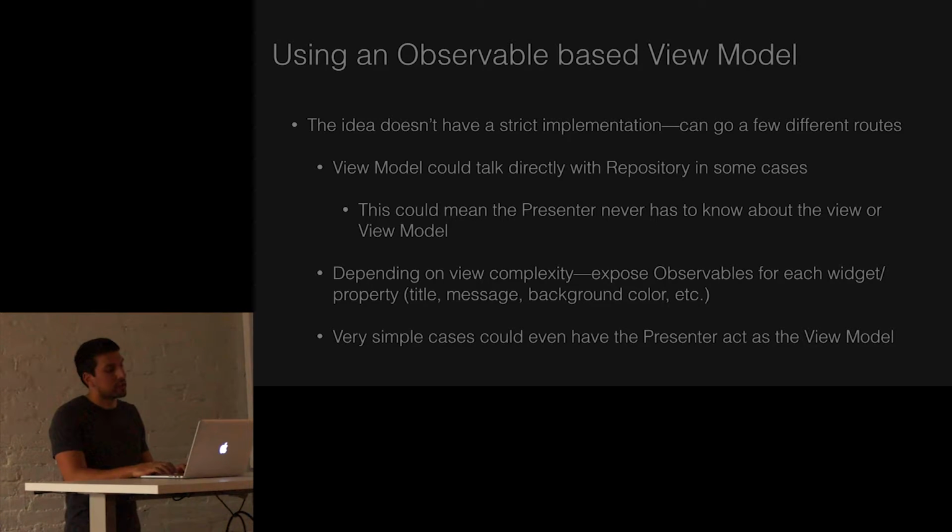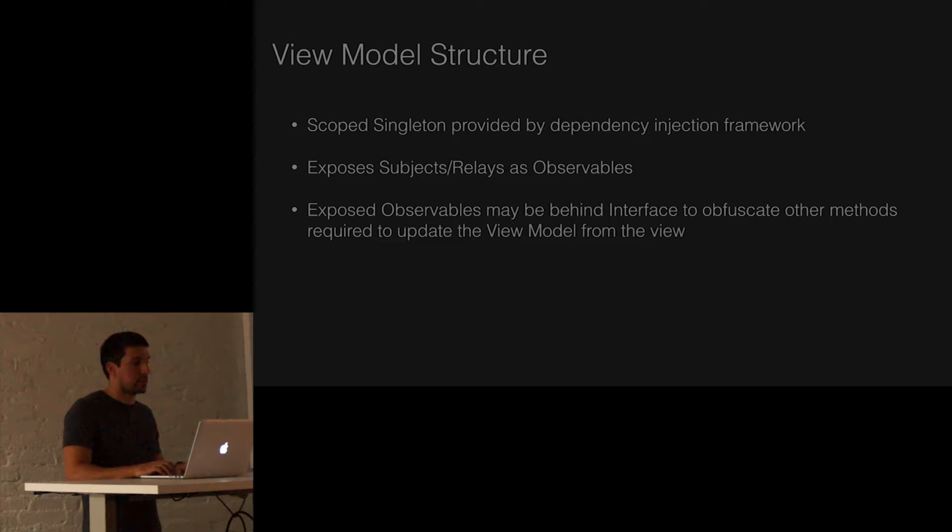And in very simple cases, I think it wouldn't even be a bad idea to have the presenter exposing that observable if there's just, let's say, a list of items that your view needs. Maybe having a dedicated view model class in that case is a little overkill. But again, it's really whatever works for you. The idea is the same no matter how you do it.